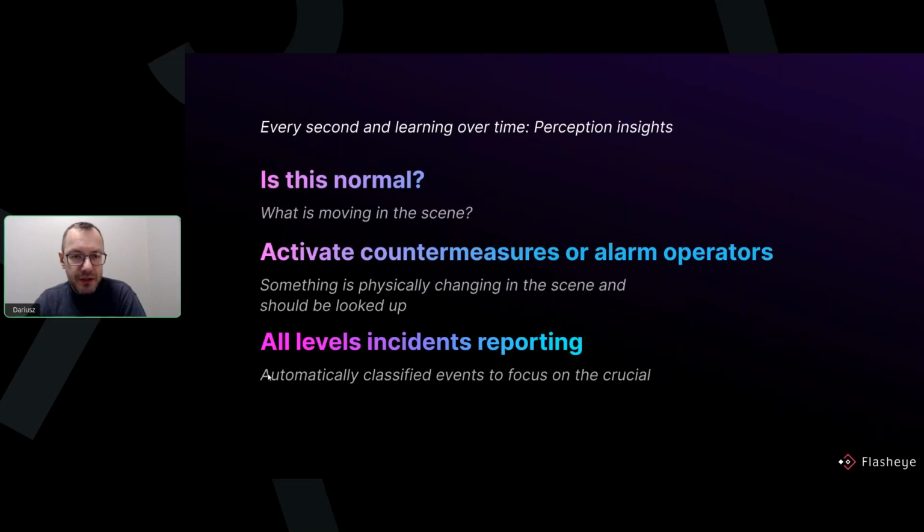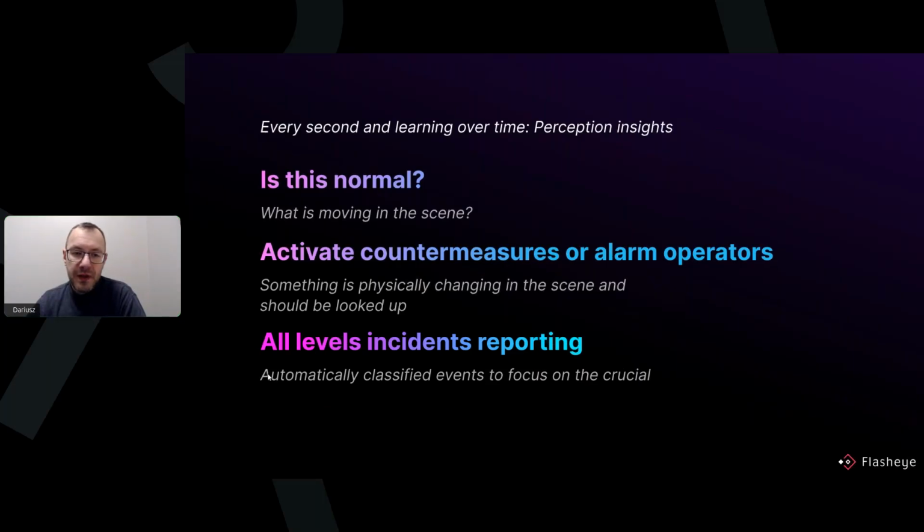And every second, learning over time, perception insights can help answer the question: is this normal? And get more information about what is moving in the scene, if this is a person walking there, or an animal or vehicle. It also helps to automate countermeasures or alarm operators in proper time, and something is physically changing in the scene and should be looked at.